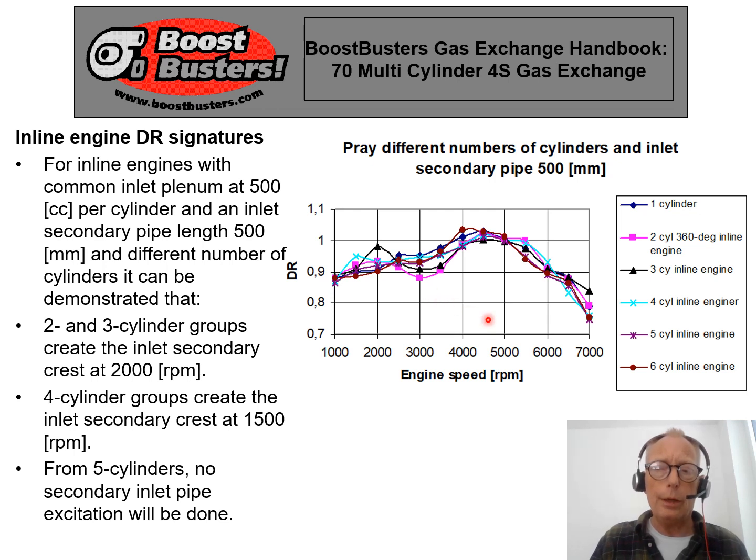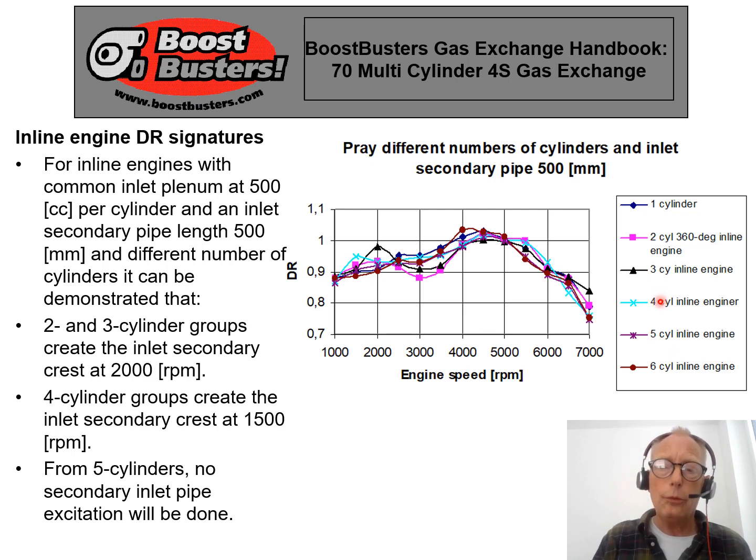The 4-cylinder engine starts to have some interaction between the cylinders, which the 2- and 3-cylinder engines don't have, on either the exhaust side or the inlet side. They create a very specific signature, so they will excite the secondary inlet pipe at a bit lower engine speed, in this case 1500 RPM.